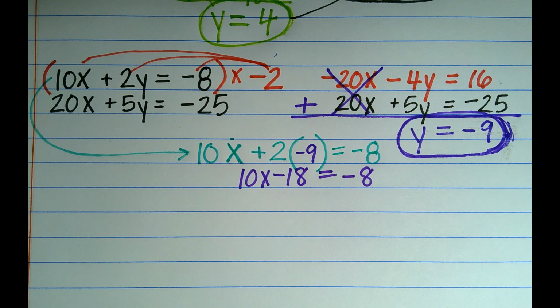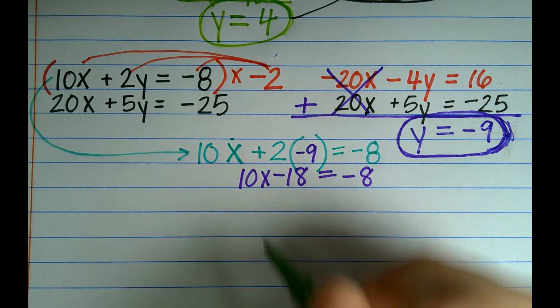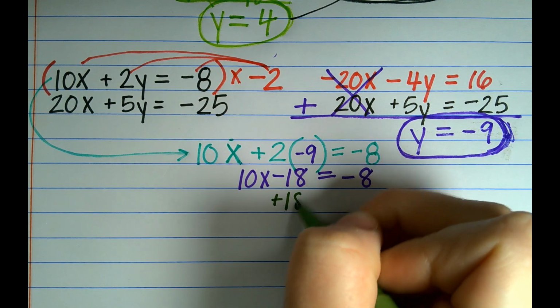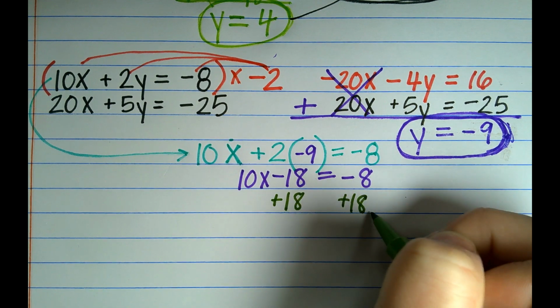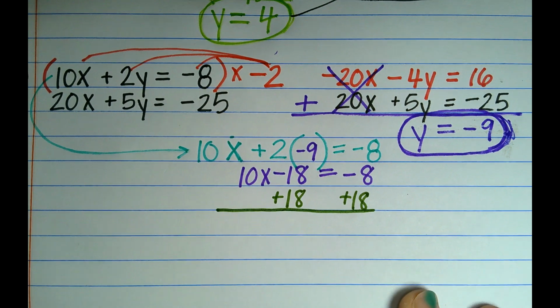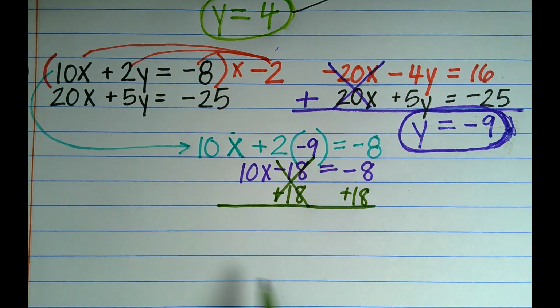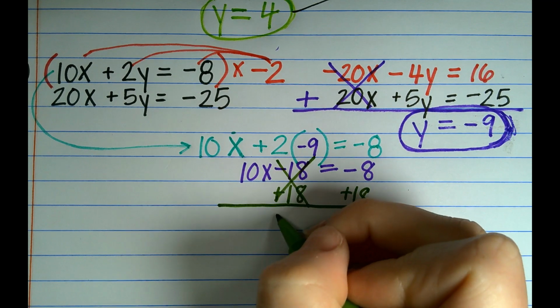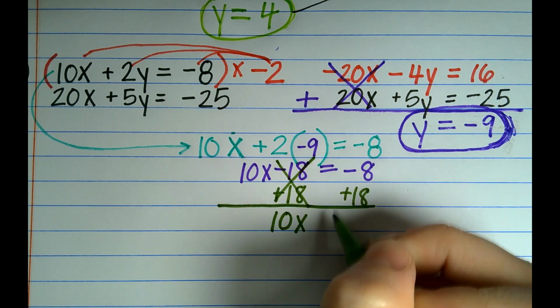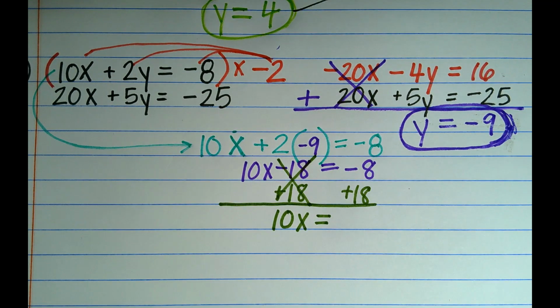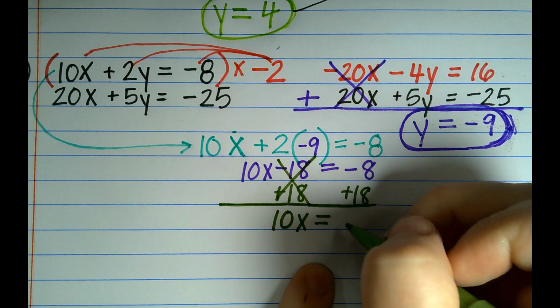So now, how do I solve for x? Yes, add 18 to each side. My 18s will cancel. I'll bring down my 10x equals, and what is -8 plus 18? 10.